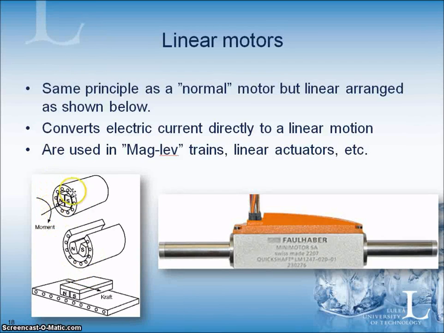You have this stator and you sort of take a pair of scissors, cut it and just spread it like this, and you do the same with the rotor, and then it will be a force instead of a torque. This can be used to have linear actuators in different machines, or for instance more high-tech maglev trains that are hovering above the surface on a magnetic field.